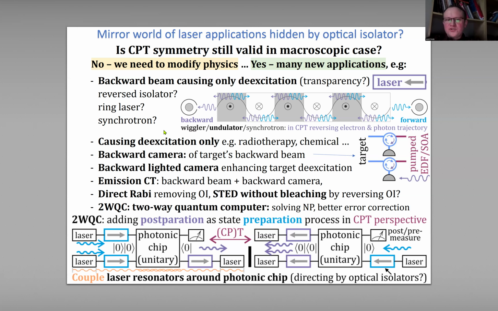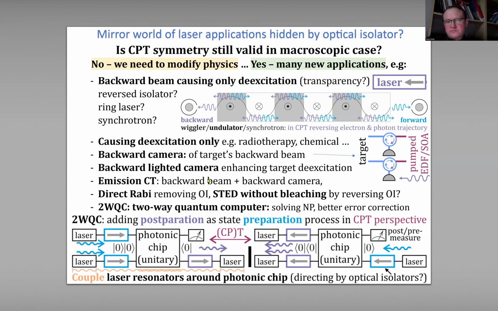Or causing de-excitation only, for example, for radiotherapy as mentioned, where we could try to starve the cancer by de-exciting NADH or some different molecule locally, or speeding up some chemical processes. The backward beam could be used for a backward camera for this CAT scanner, for example, or maybe some astronomical observations.